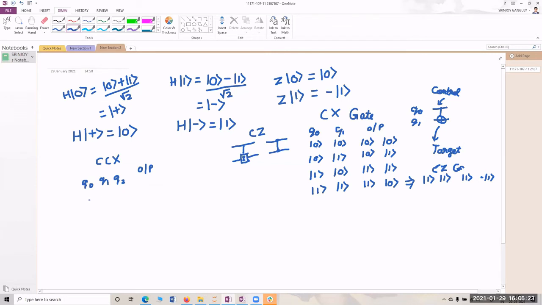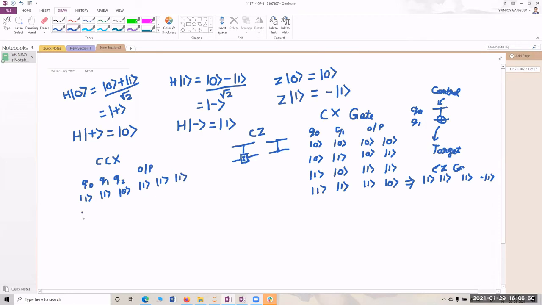The changes will happen only when both of the control qubits are one. So if, for example, both of these qubits are one, the rest of the cases remain the same. Then only if the target state was zero, you will achieve one, one, one.